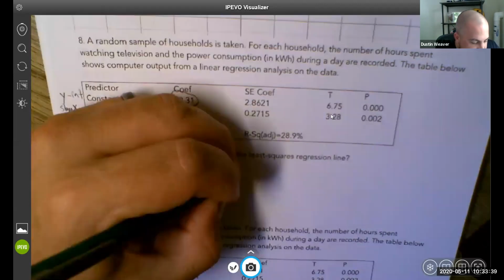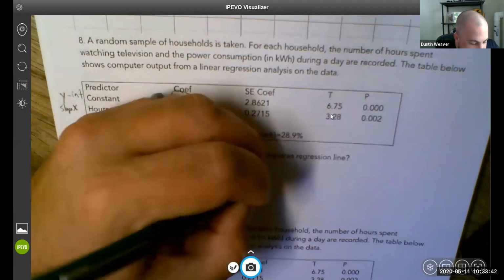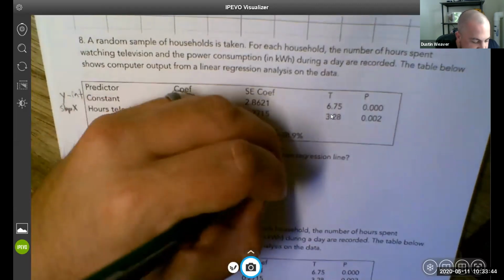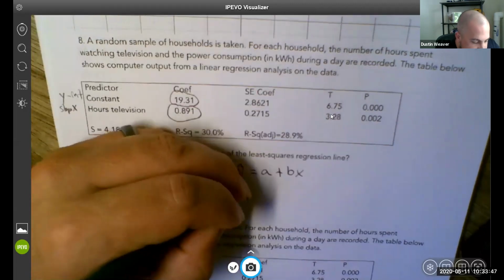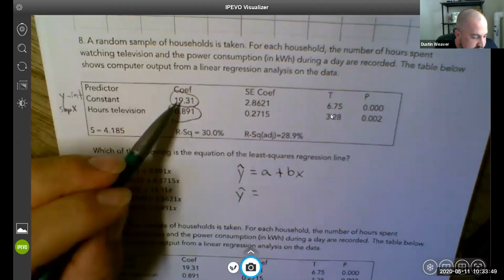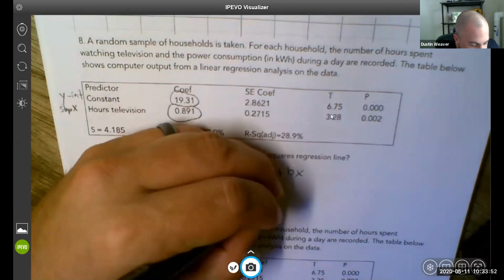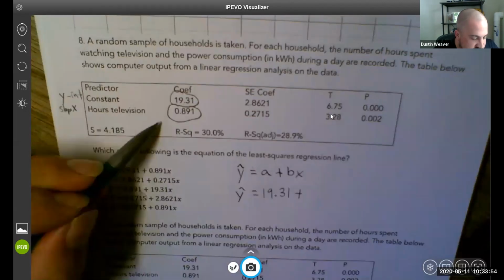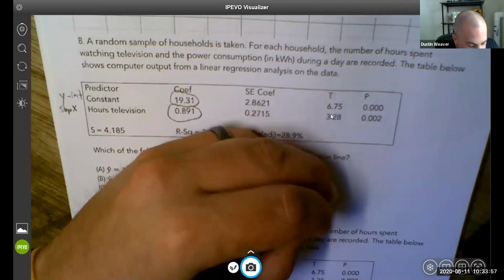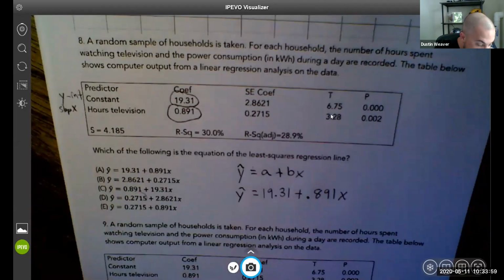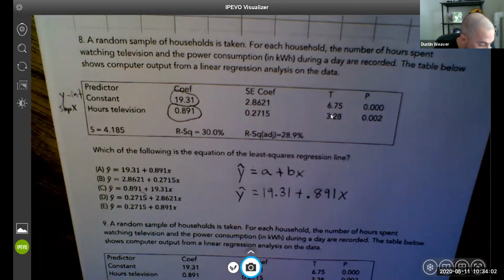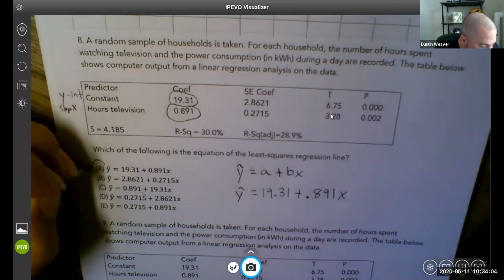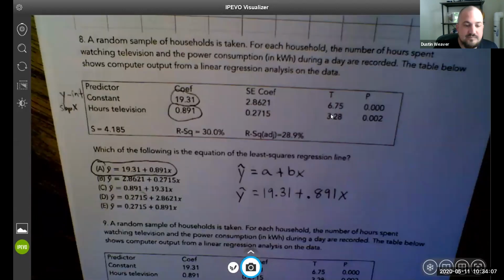If our equation is y hat equals a plus bx, then the y-intercept is the constant, 19.31, and the slope, for hours of television, is 0.891x. So 19.31 plus 0.891x, that is A for number 8. Anybody have a question there?